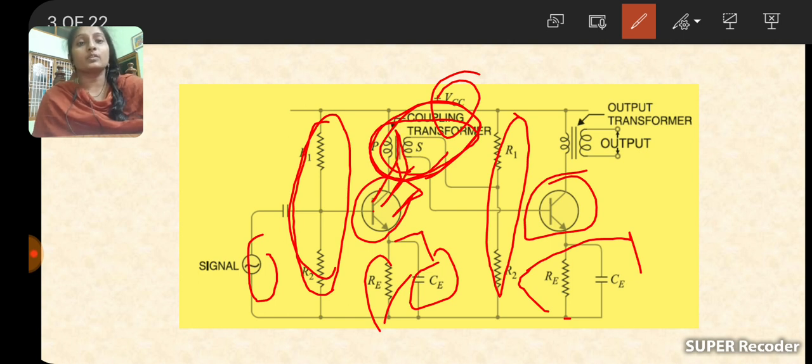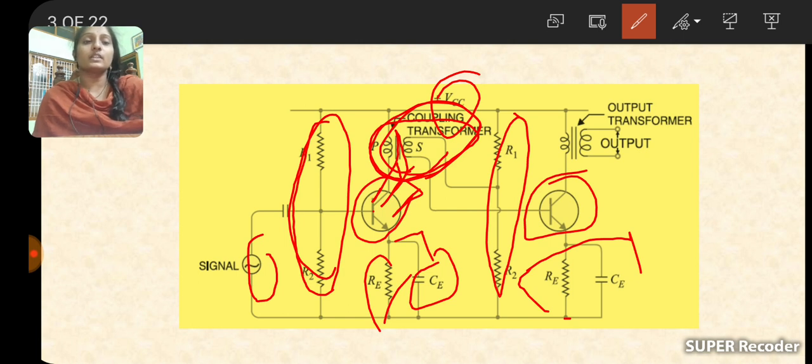Because the output appears across the collector terminal of T1, and this output is connected to the primary winding, and the secondary winding is connected to the base of T2.